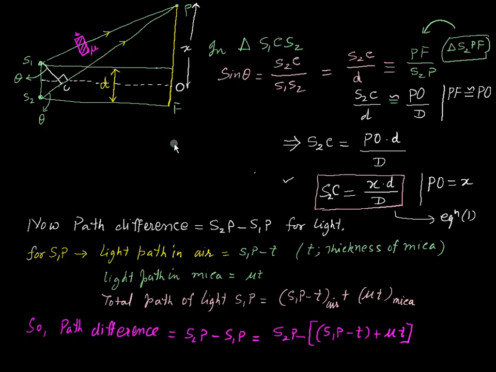So now the path difference is equal to S2P minus S1P, as we calculated earlier in the case without the mica sheet. The path difference is S2P minus S1P, but here we have to define this S1P also.